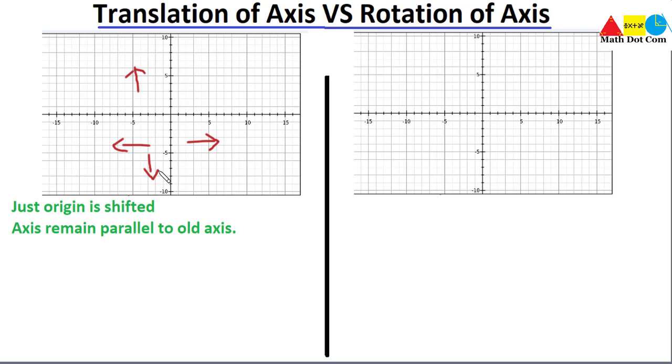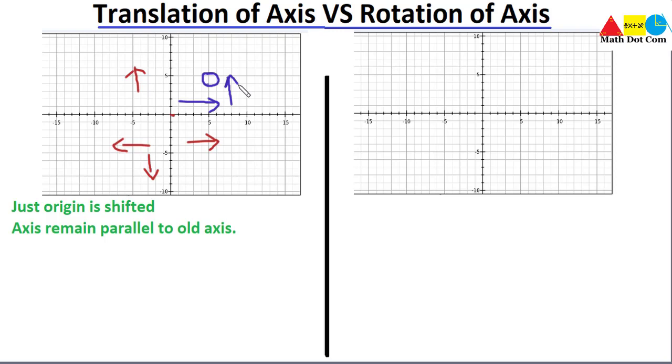So if we say that the origin is at this point, that is 0 0, and it has to be shifted somewhere on the graph, then it will be shifted. If I say it is shifted here at this point, it means it is shifted first in the right direction and then in the upward direction.